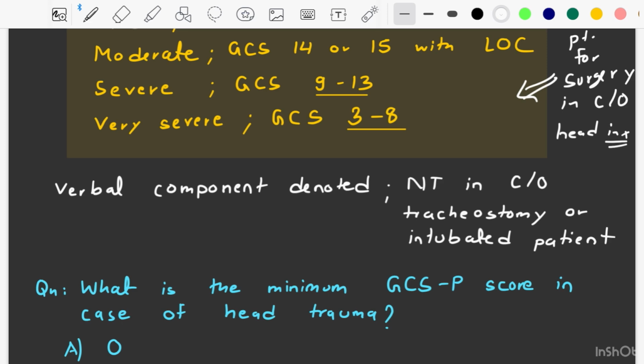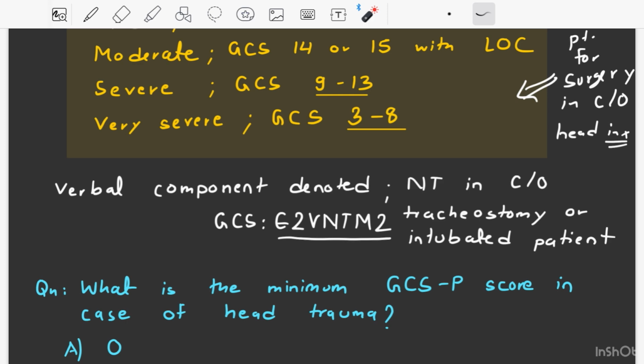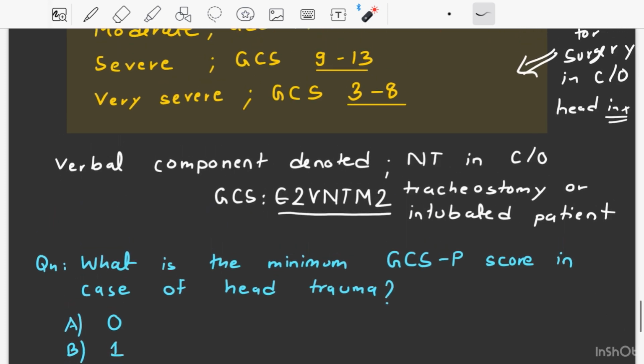Just for reference, suppose the GCS is E2 VNT M2. So we denote the GCS like this in case of an intubated patient.